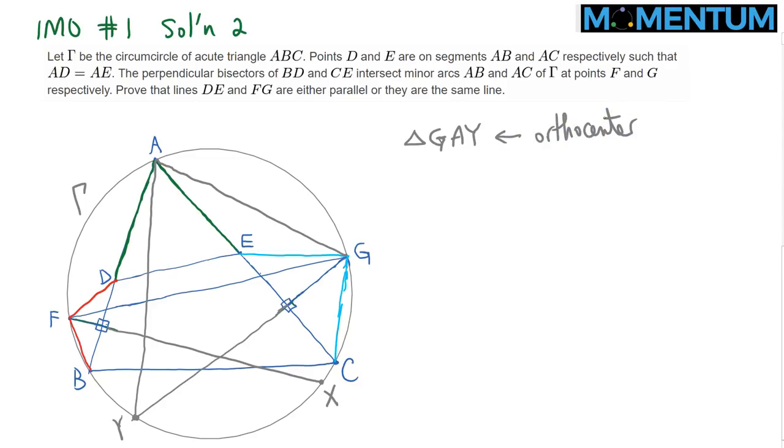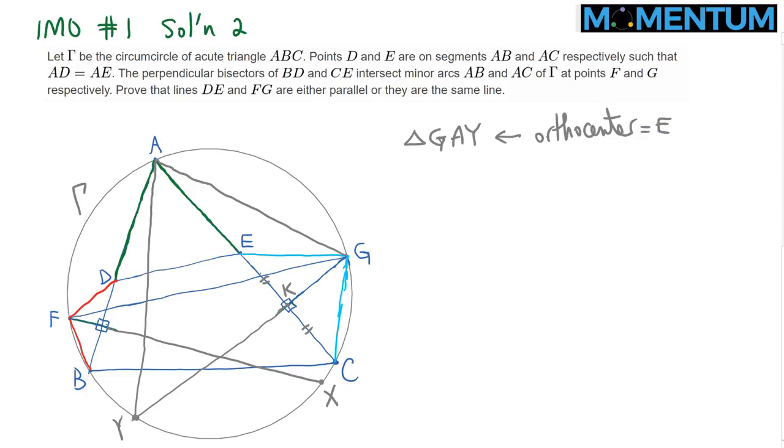By a well-known property, we know that the orthocenter must be such that if you call this point K, KC is equal to KE, right? This is given in the problem. This is exactly the property of the orthocenter. So that establishes that the orthocenter of triangle GAY is just E. That's pretty decent.